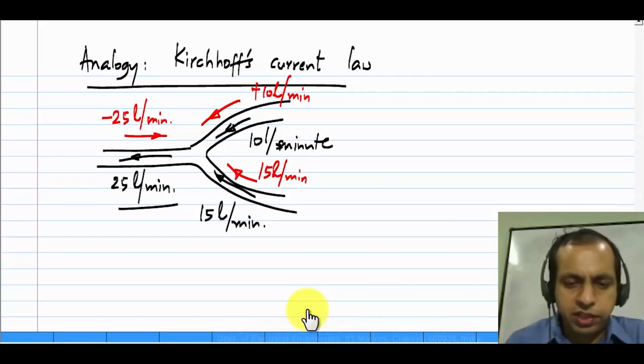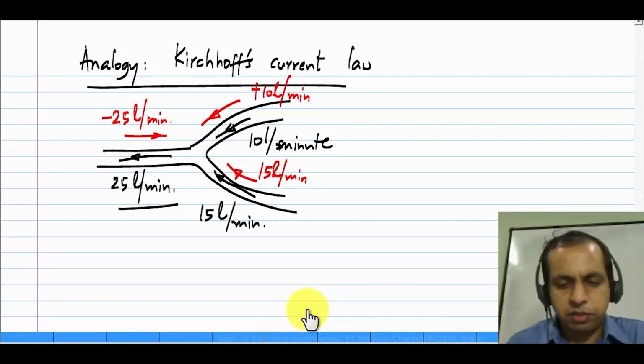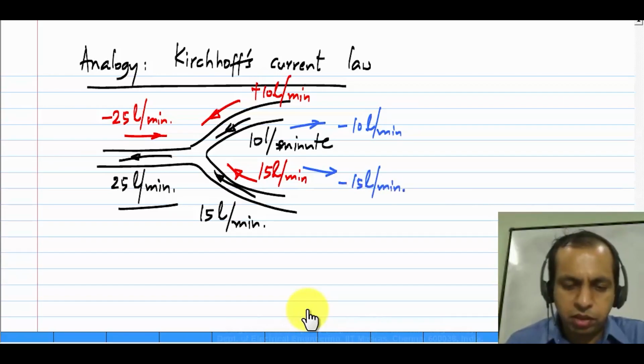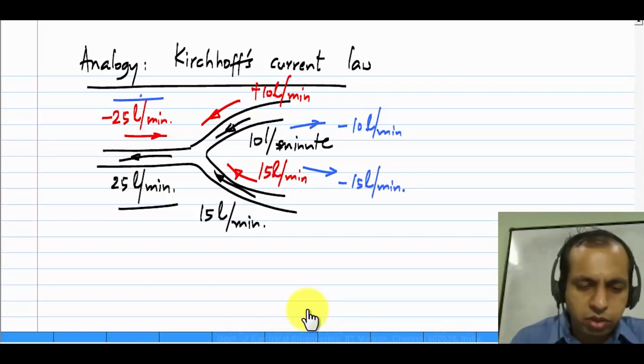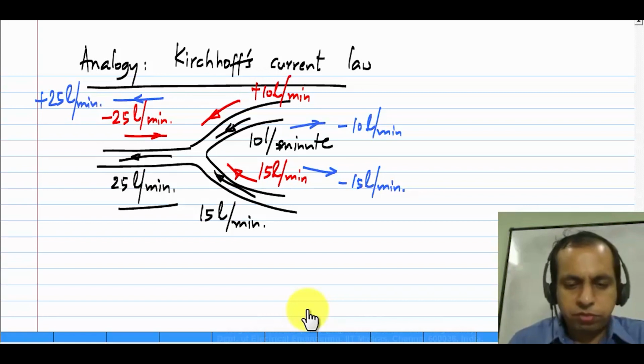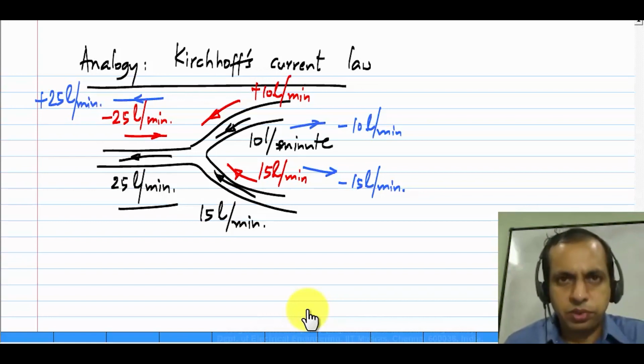And the sum of these three, minus 25 plus 10 and plus 15, is obviously 0. And you could equally well take all of them going outwards. You can consider this to be going out at minus 10 liters per minute, this going out at minus 15 liters per minute, and this one going out at plus 25 liters per minute. So obviously the sum of these things marked in blue is also 0.